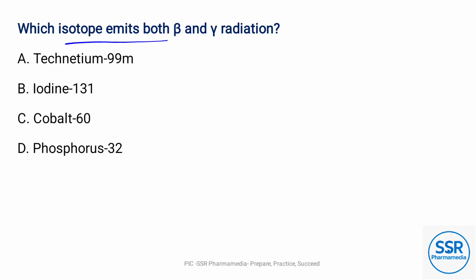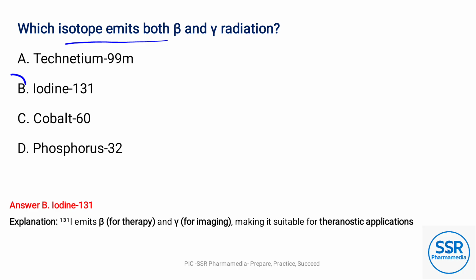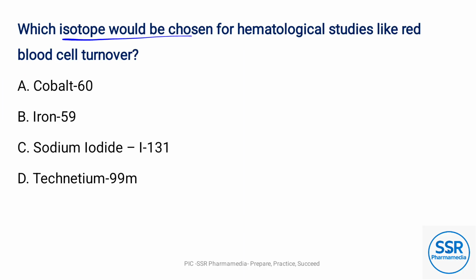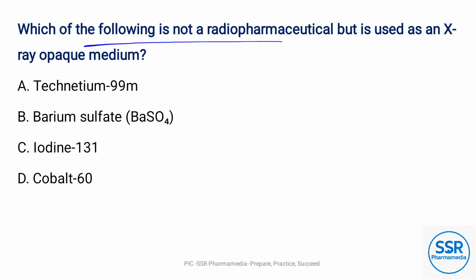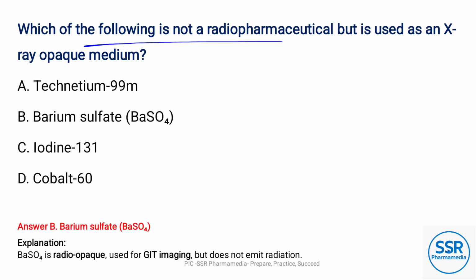Which isotope emits both beta and gamma radiation? Option B, iodine-131. Which isotope could be chosen for hematological studies like red blood cell turnover? Option B, iron-59. Which of the following is not a radiopharmaceutical but is used as an X-ray opaque medium? Option B, barium sulfate.